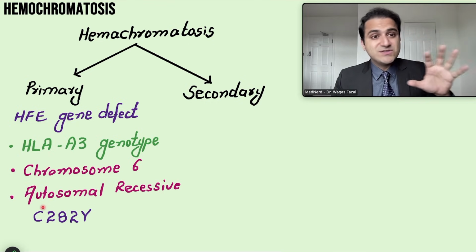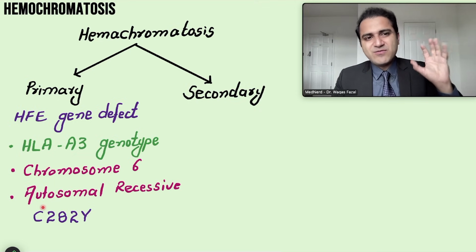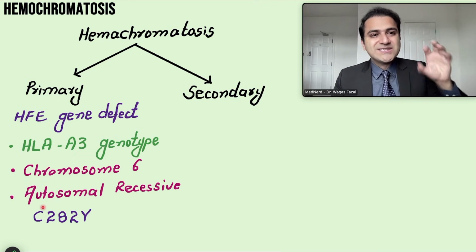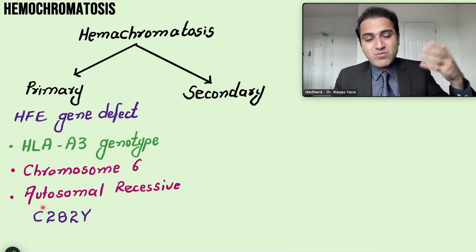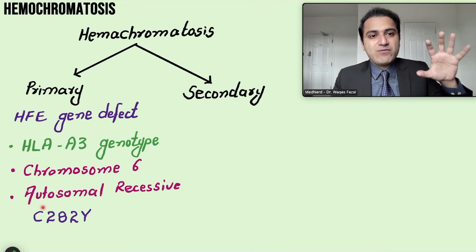It's not the case in all of the diseases, but most of the diseases that involve enzyme defects or metabolism defects are autosomal recessive. So hemochromatosis is a metabolism defect because the iron absorption is defective.